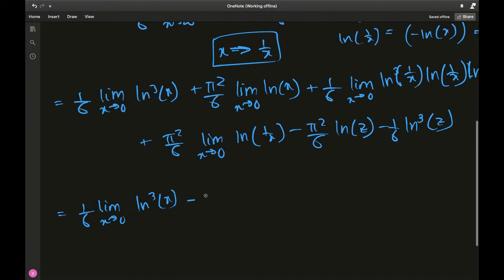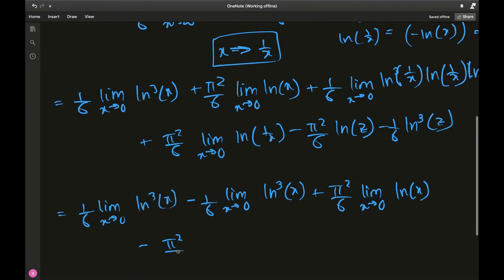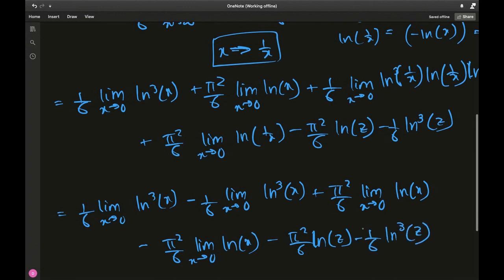We'll have a negative 1 over 6 limit as x goes to 0 natural log cubed of x plus pi squared over 6 limit as x goes to 0 natural log of x minus pi squared over 6 limit as x goes to 0 natural log of x, minus pi squared over 6 natural log of z, minus 1 over 6 natural log cubed of z.